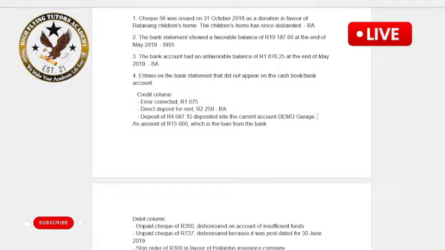So they deposited money into their bank account, but the bank put the money into our account, and that money does not have to be in our account. So what must happen right there?